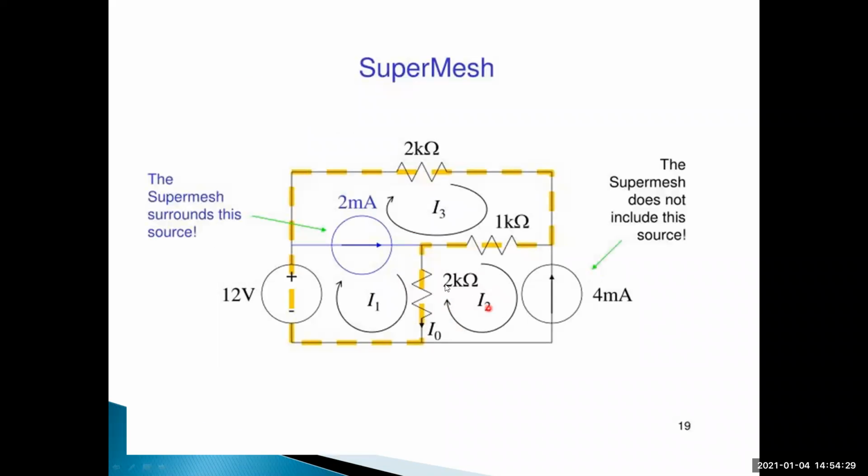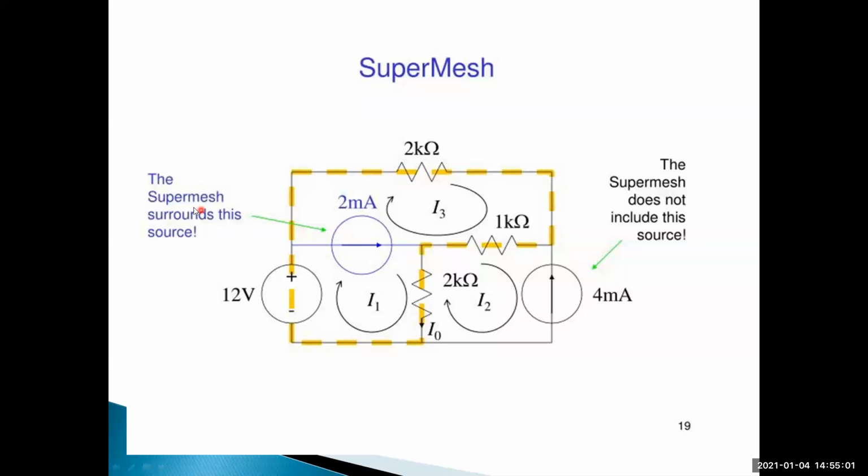Then super mesh. This is one of the important concepts. Super mesh means if any current source is connected between two meshes, it is called a super mesh. In these two loops, I1 and I3, one source is connected.